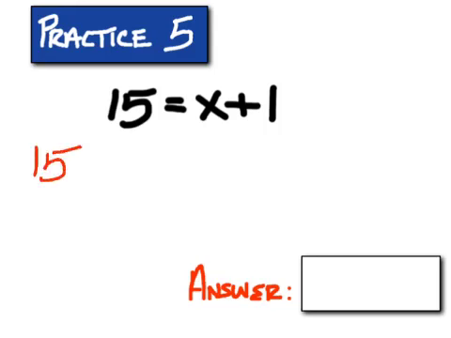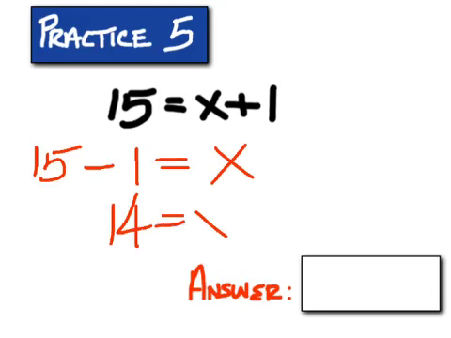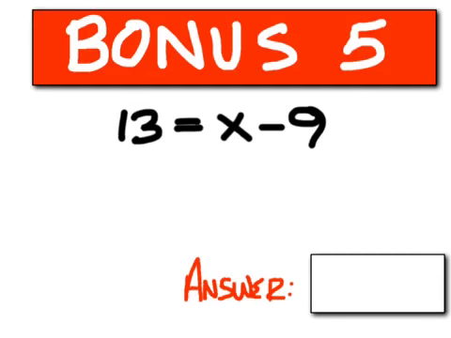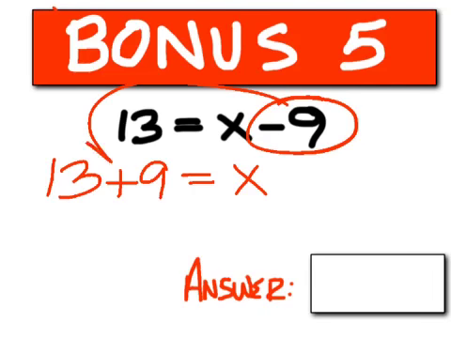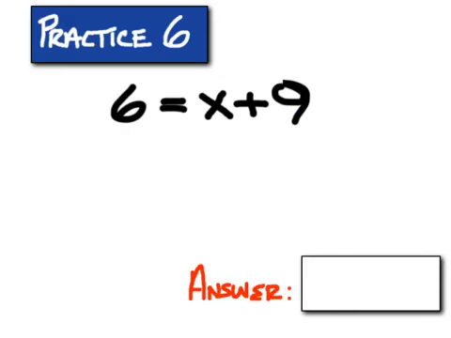For the practice, you should have 15 minus 1 equals x. That would be 14. So you should have 13 plus 9 on the left, because this becomes plus 9. Answer is 22.